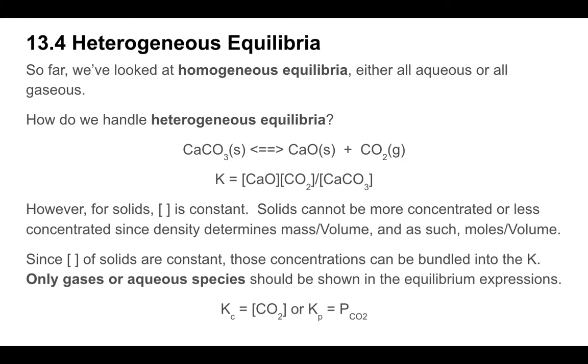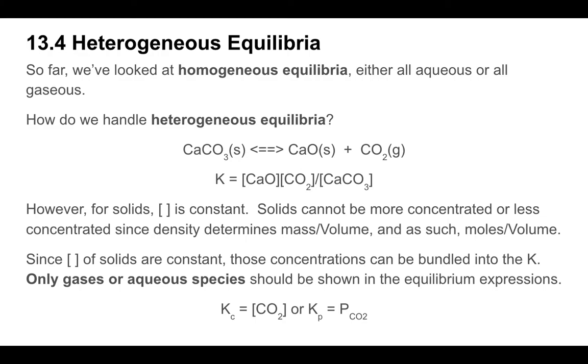If you convert mass over volume to moles over volume, you find that since solids have constant density, they have constant moles per liter, or concentrations. So since the concentrations are not variables, they're constant, you can basically move them to the K side of the equation, and that's what we do.